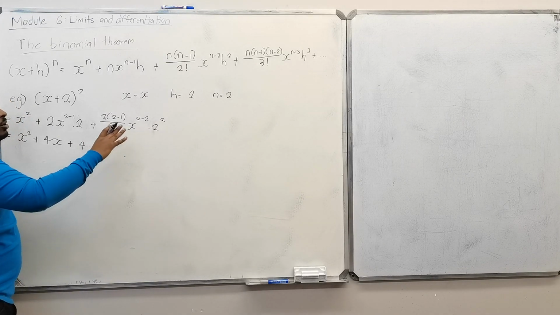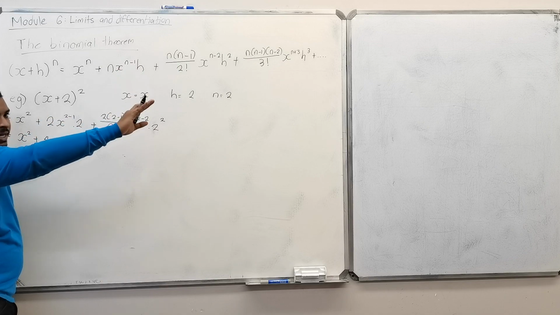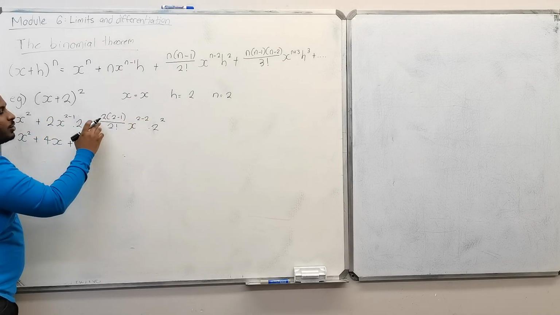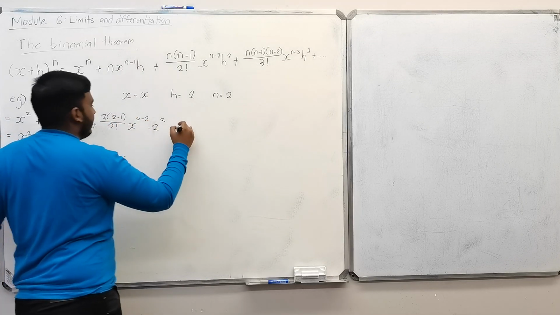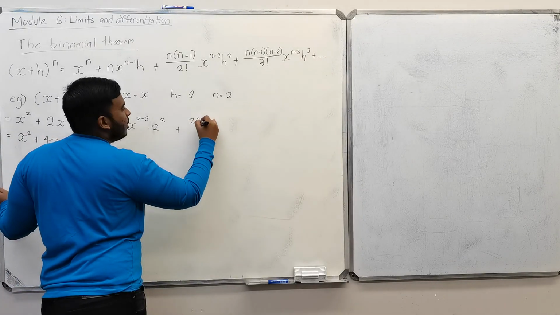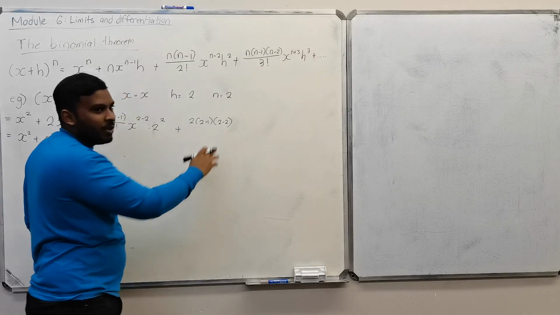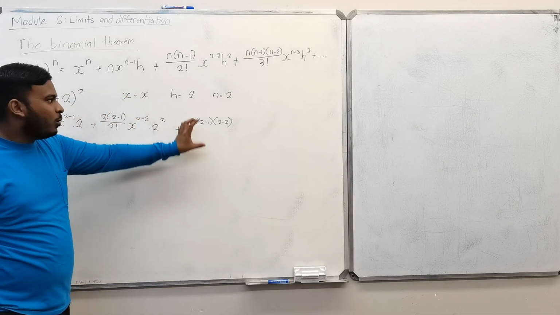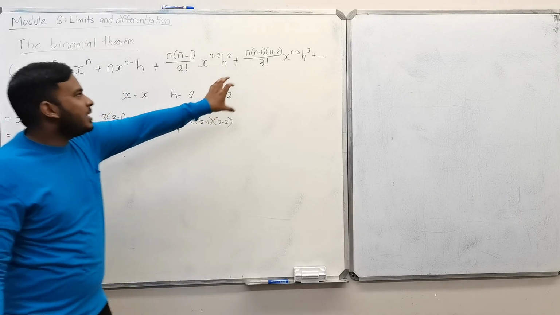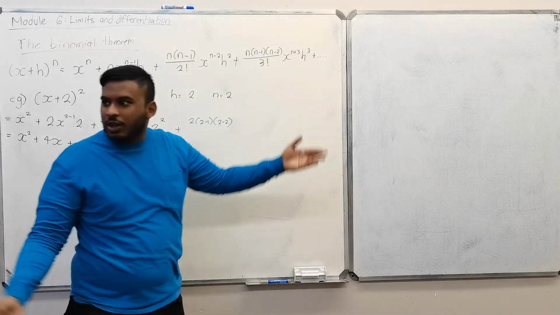If you carried on further than that, you would end up with 2 into 2 minus 1, 2 minus 2. What's going to happen here? 0. This whole portion is going to come to 0, and 0 multiplied by anything else is 0.